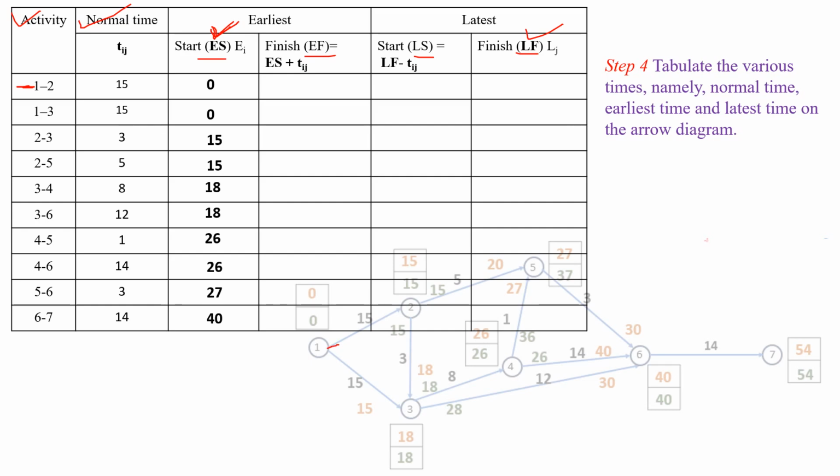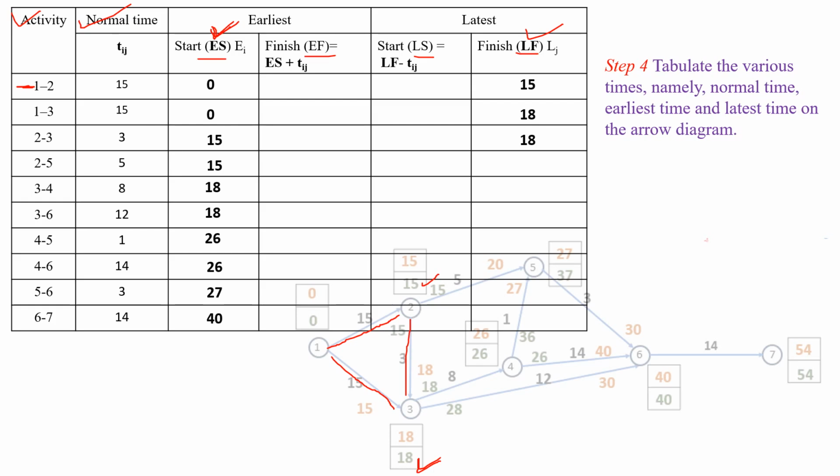For activity 1 to 2, latest finish time will equal 15 at event 2. And for activity 1 to 3, latest finish time is 18 at event 3. Next one is the activity 2 to 3. For activity 2 to 3, latest finish time is 18 at event 3.